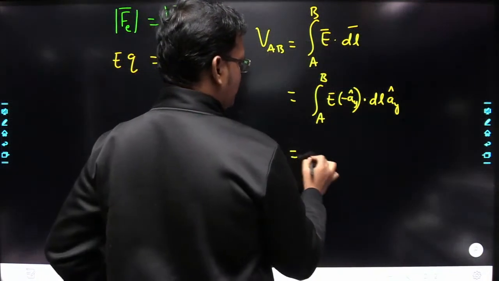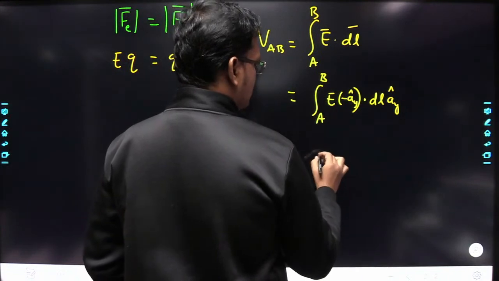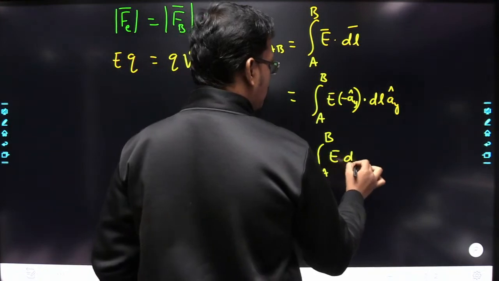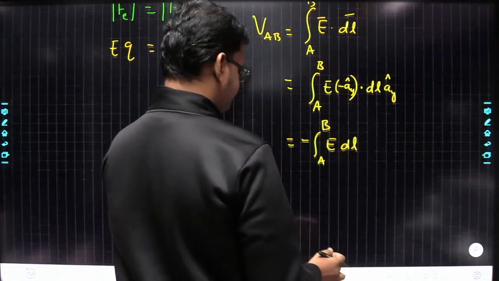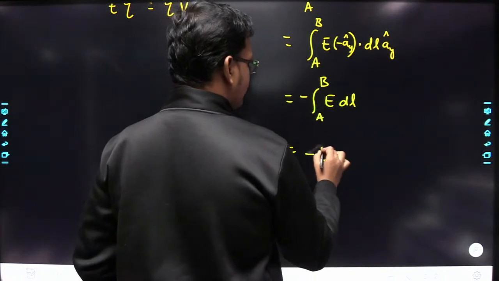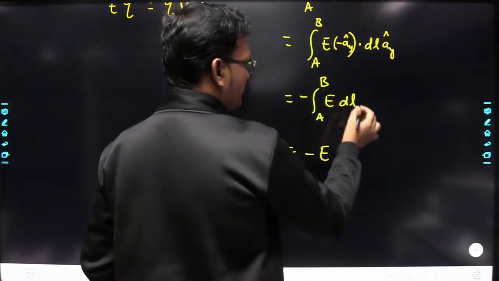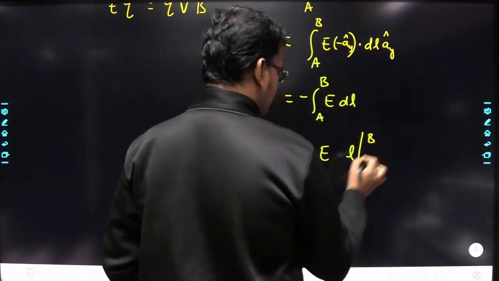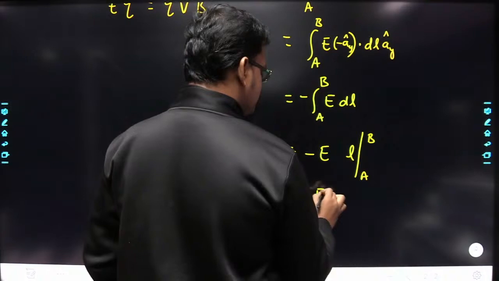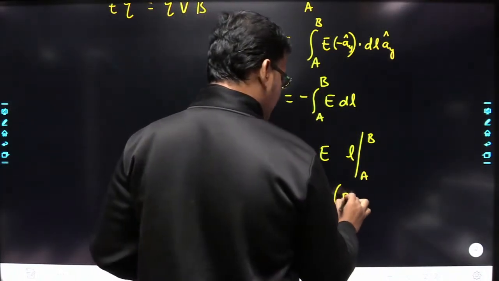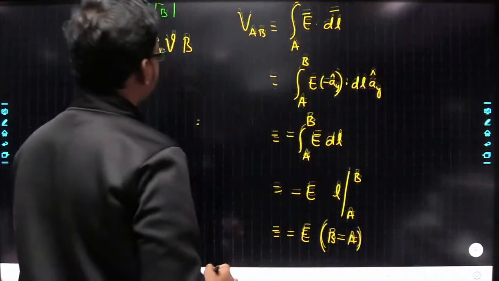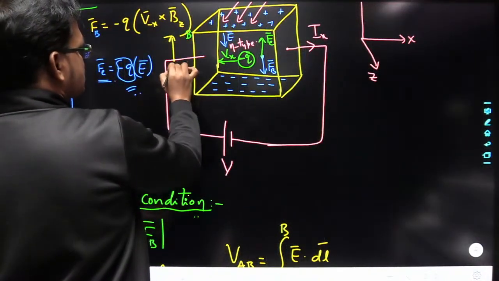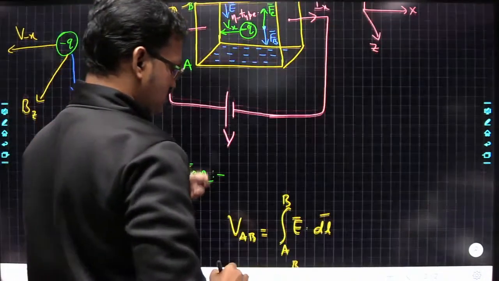Taking the minus outside, we get minus E into the integral from A to B of dl, which is minus E into (b minus a). And b minus a is nothing but h.